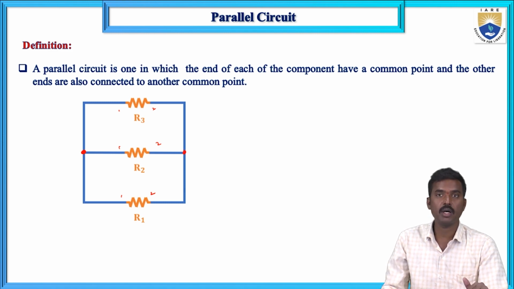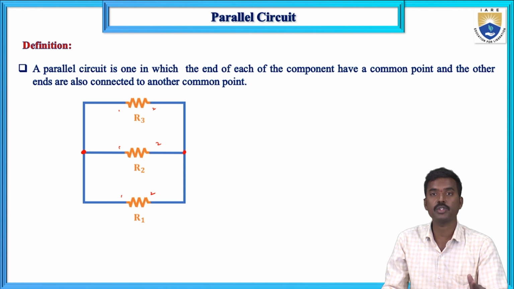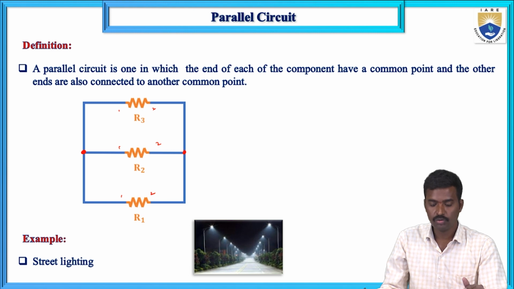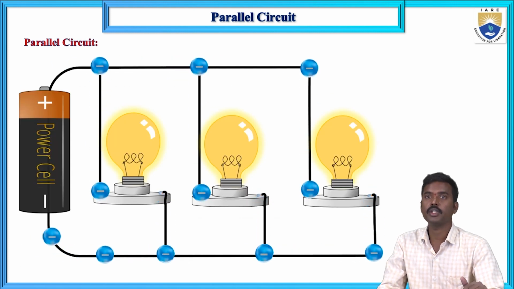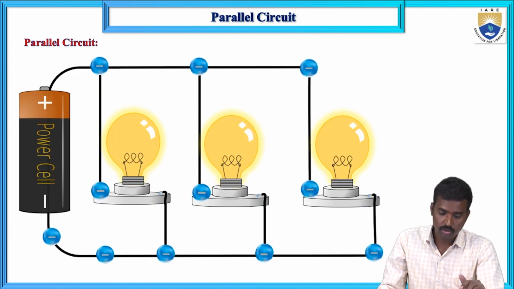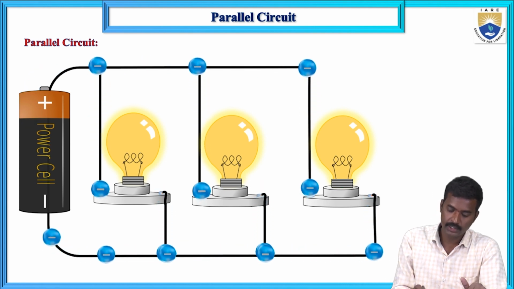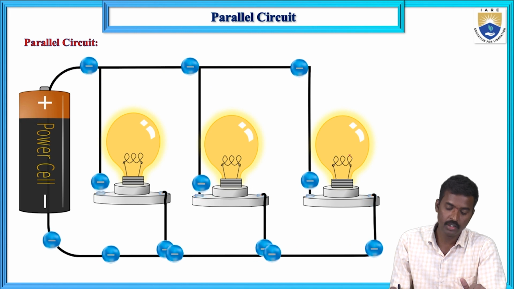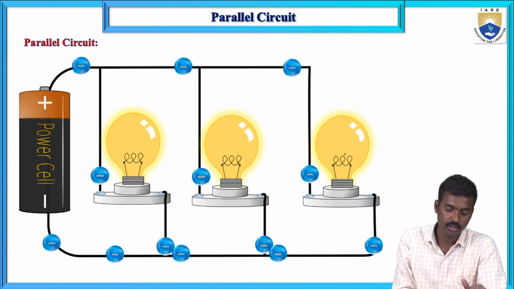What are some examples? The street lighting system is the best example of a parallel circuit. Here three bulbs, three lights, are connected in parallel, and that is connected across the supply.